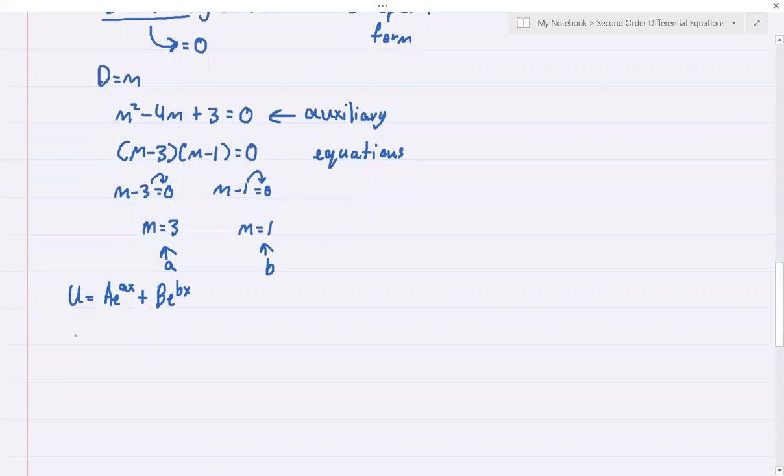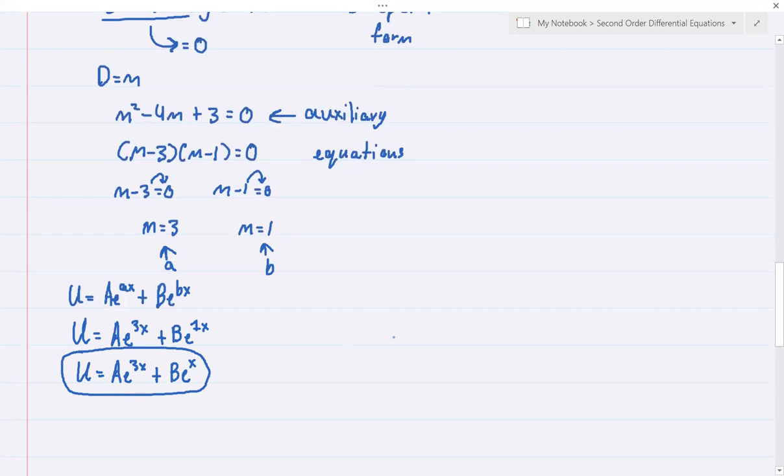So for me, my small a would be 3 and my small b would be 1. Therefore, my u function is A times e raised to 3x plus B times e raised to 1 times x. So in other words, my u function is A times e raised to 3x plus B e raised to x.